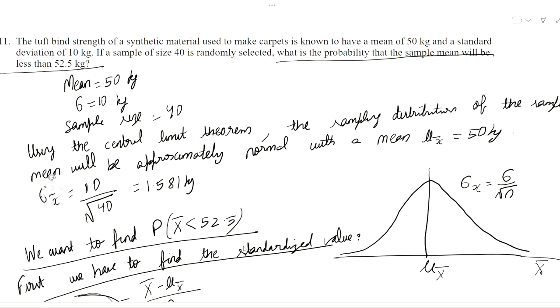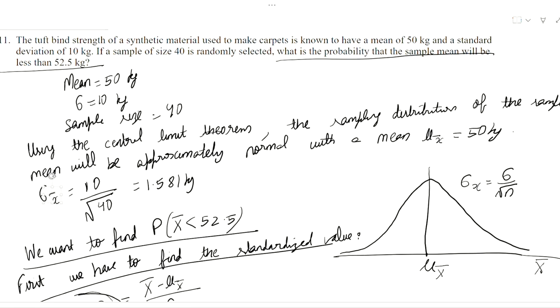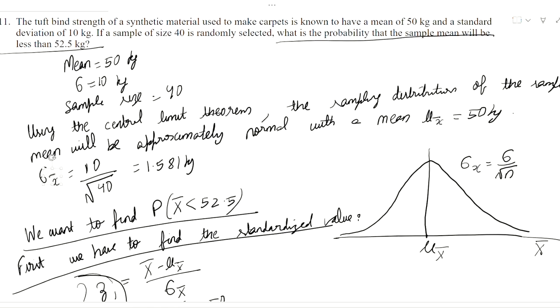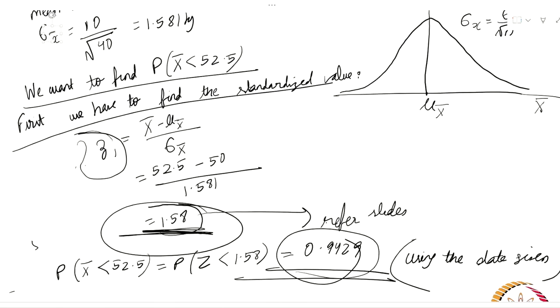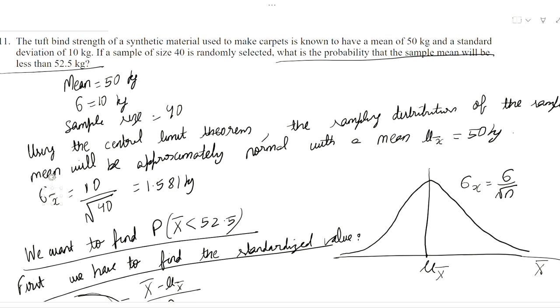Here we solved a question where we wanted to find the probability of the mean being less than 52.5 kg. This is the question. We followed the normal distribution approach for this question.